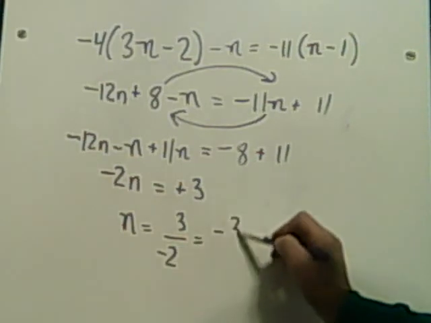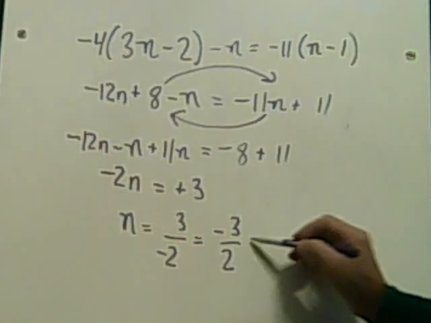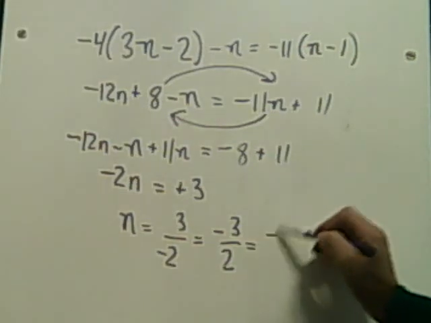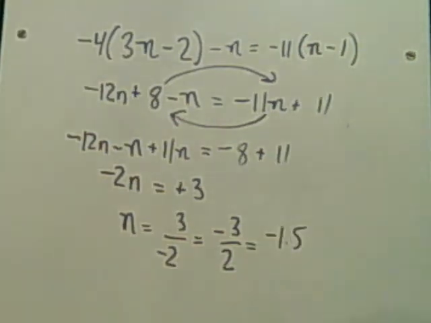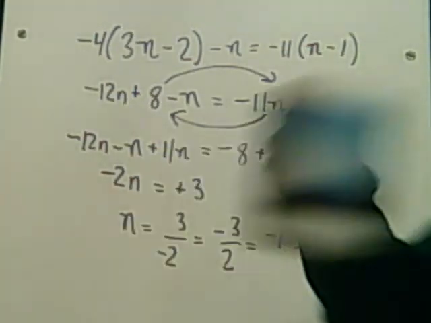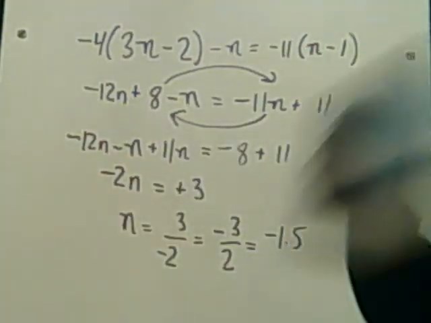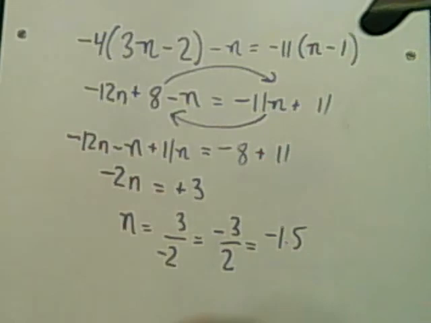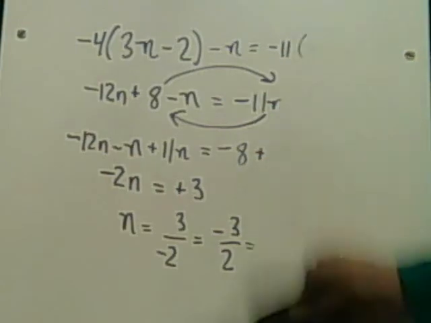That's negative 3/2, which is also the same as negative 1.5. Either of those would be the correct answer. Okay, that was 34. Okay, now we'll go to 38.